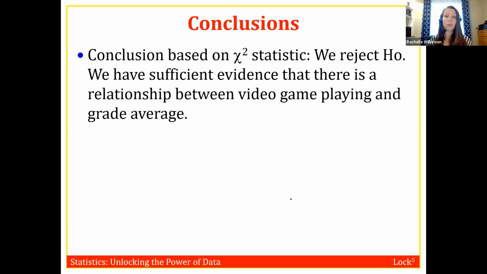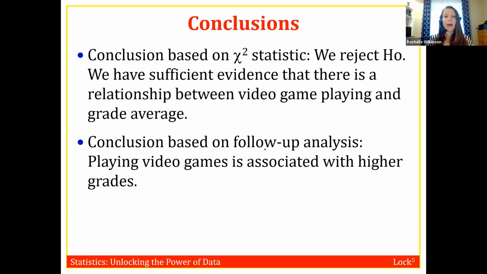So our first conclusion based on the chi-square statistic was that we had evidence of a relationship, and our conclusion based on the follow-up analysis that we just did is that playing video games is associated with higher grades and not playing video games is associated with lower grades.